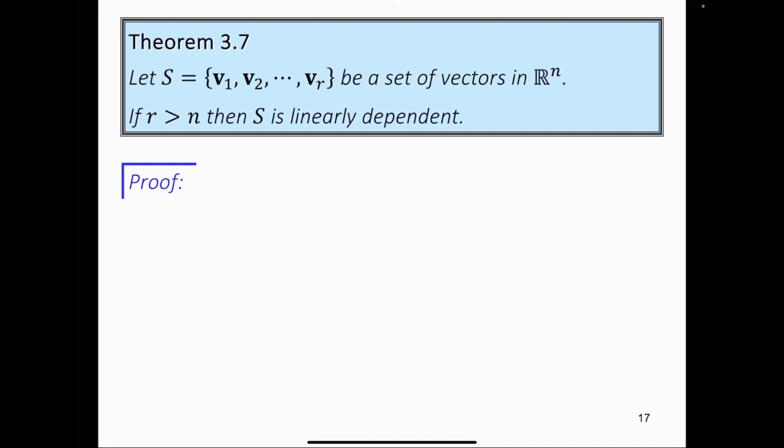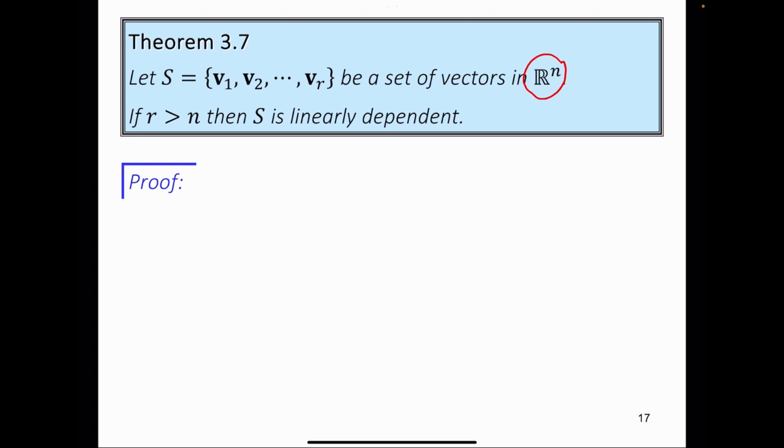Alright, this theorem also helps us to determine if a set is linearly dependent or not. Before that, bear in mind, this theorem only holds true whenever we consider Euclidean vector space, that means R1, R2, up to Rn in general.